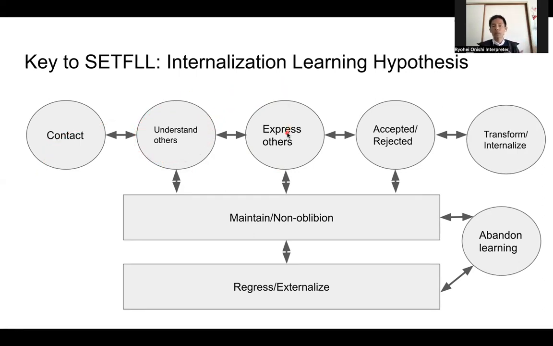You have to express it. You have to be accepted or rejected. And then through this process, if it goes successfully, you can transform yourself or you can internalize yourself. But if it does not go well, you will maintain your learning, but not improve. You will even regress, go back, or you will even externalize. And then in the worst case, you will abandon learning. Okay, this is my hypothesis.